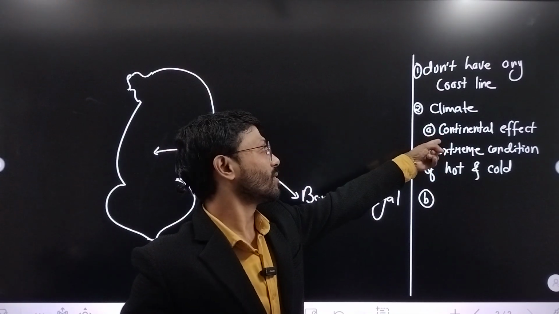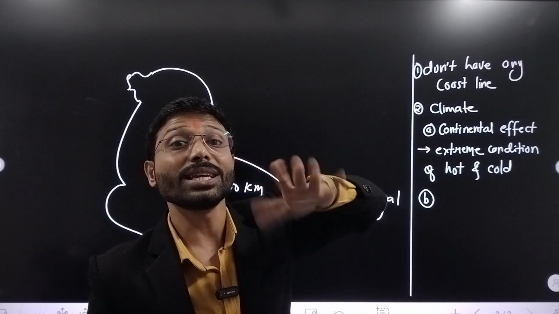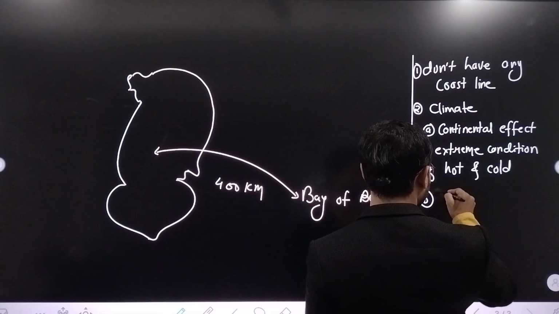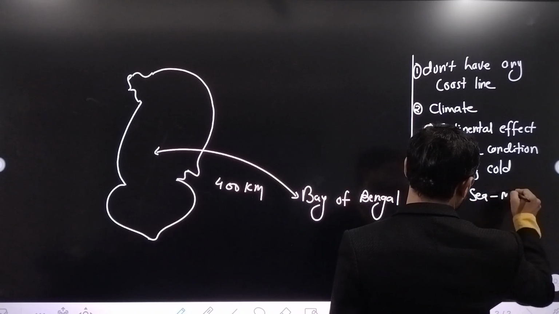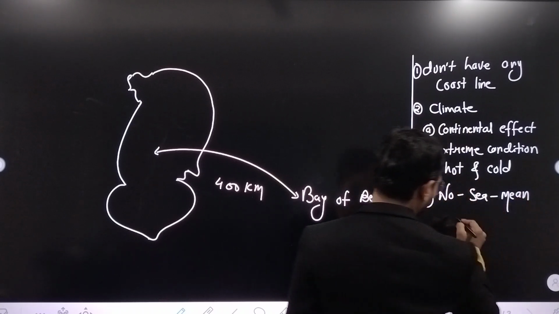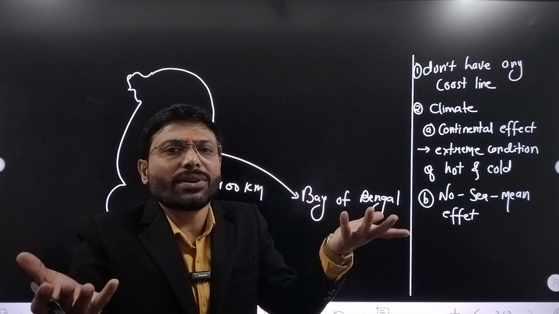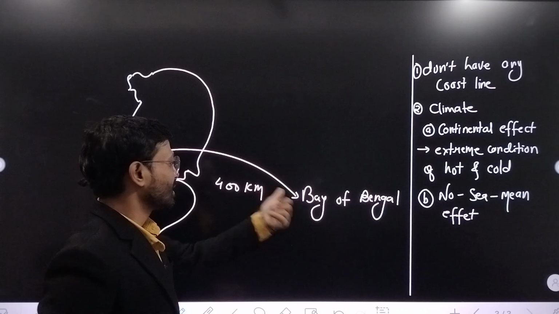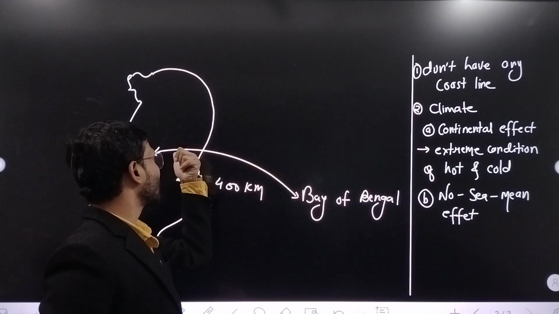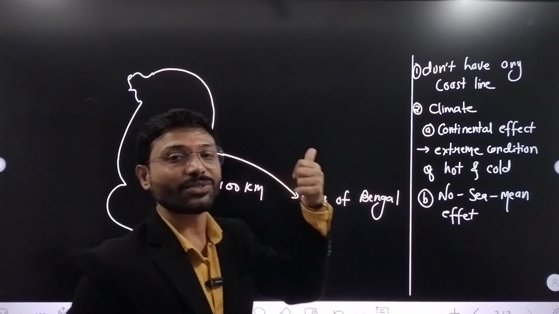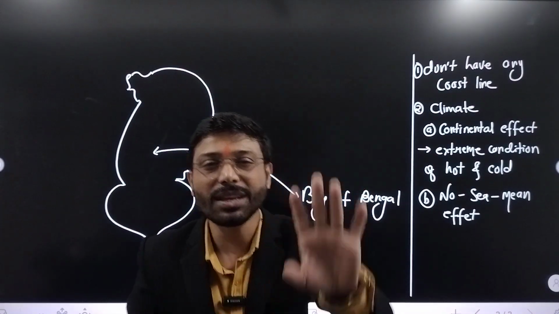In another manner, with respect to the continental effect, you may call it no sea mean effect. What you can write down here: no sea mean effect. It means we don't have any kind of effect of the Bay of Bengal or any sea or ocean directly on the climate of Chhattisgarh. Means we don't have any kind of moderate temperature because of the sea.